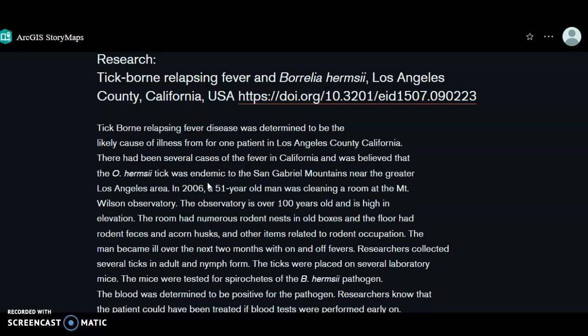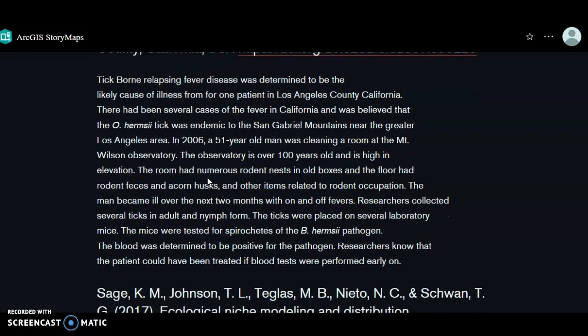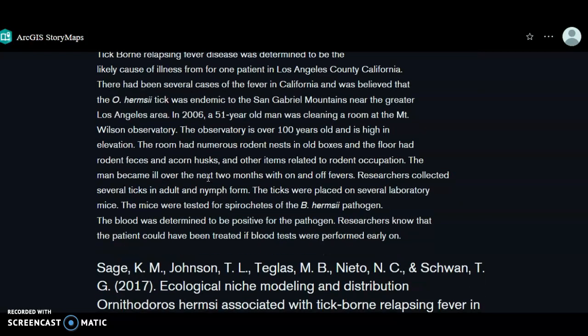Some of the research in Los Angeles County: a 50-year-old man was cleaning out an observatory. There were rodent nests in old boxes, rodent feces, acorn husks on the ground. He noticed some lesions on his hands and legs, and then the next couple weeks he was up and down with fever.